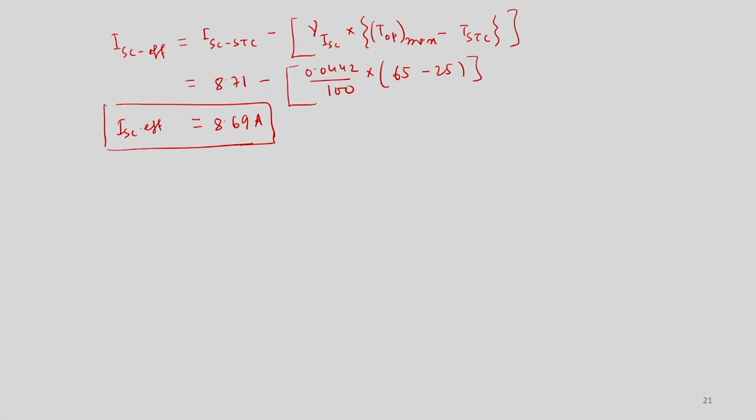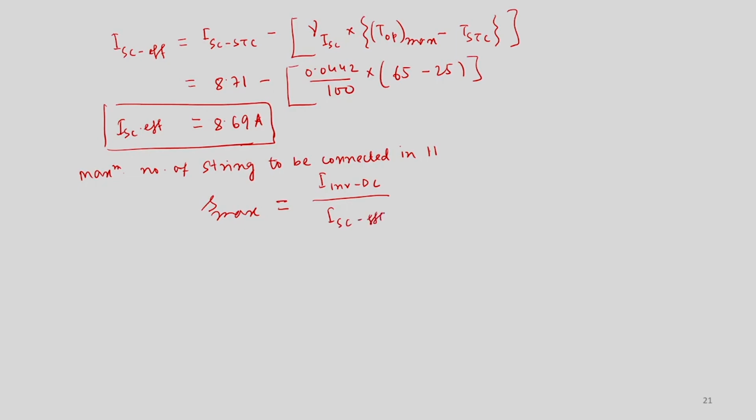Now we need to calculate the maximum number of strings to be connected in parallel. For that we have the equation S max, which is nothing but I inverter DC divided by ISC effective, which was calculated just now.